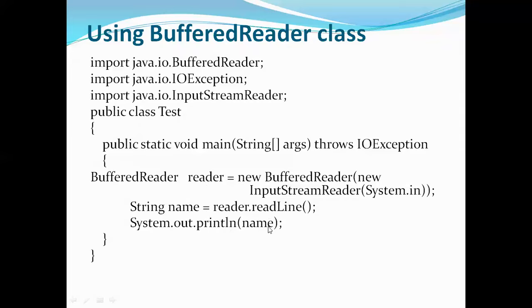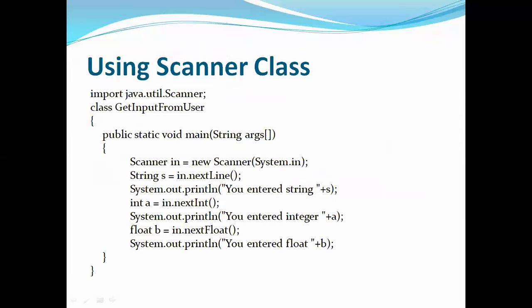Finally I'm printing that. On the whole, if you run this program, it will ask you to type something on the screen. Whatever you type on the screen will be read by the readLine method, and through that object it is assigned to the string variable name. I'm just printing the name. It will print the string whatever you typed on screen.